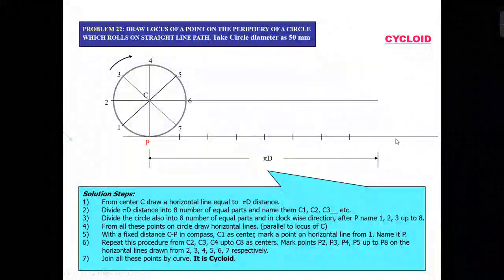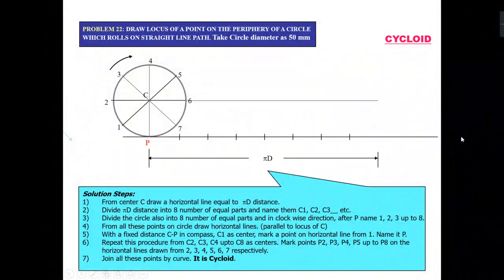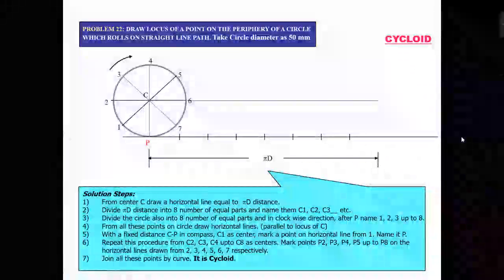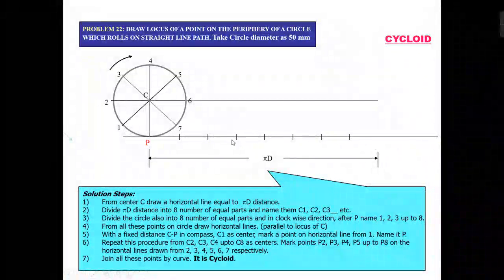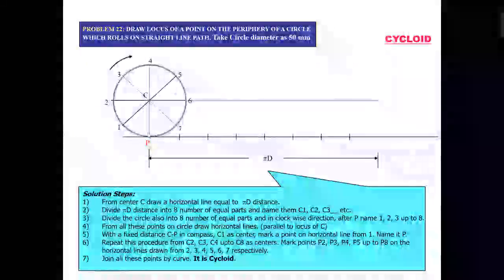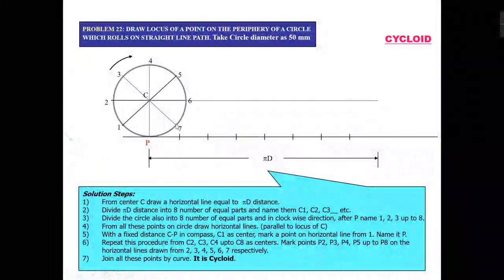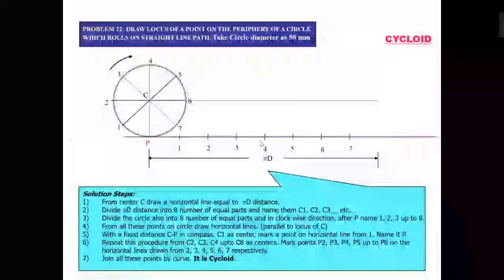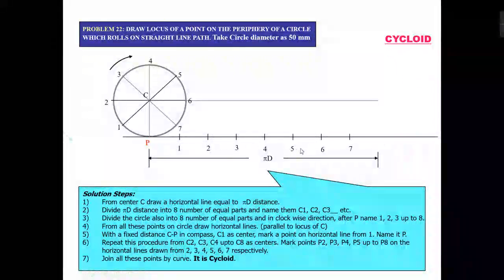That portion I have to cut into 4 equal parts, right? So remember this, if you are cutting the circle into 8 equal parts, you are cutting the pi d distance into 8 equal parts. After that, I am marking these points also as 1, 2, 3, 4, 5, 6, 7, and this point will be nothing but P.